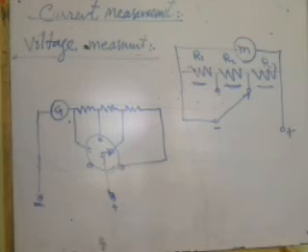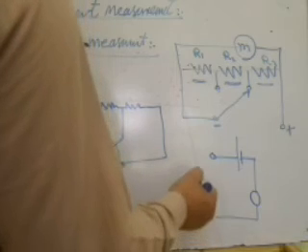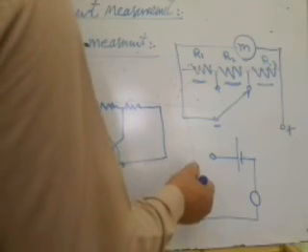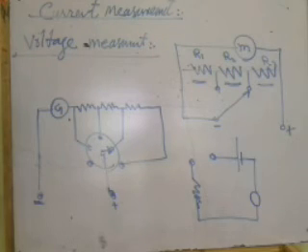Okay, now it is the resistance measurement. For resistance measurement, we will have another circuit, a very simple circuit like this: a battery, one point, and resistance, another point, another terminal.